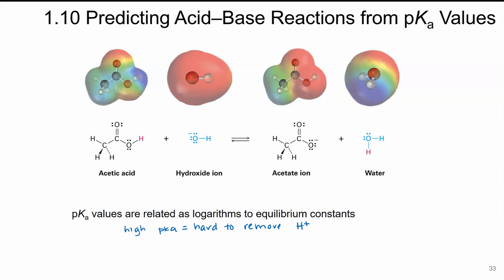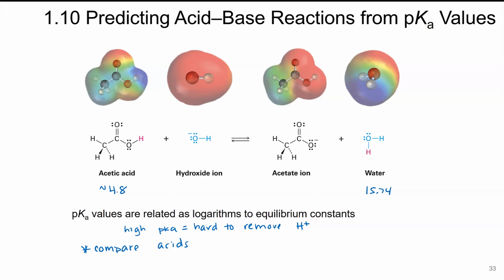We just saw on the last slide that the pKa of acetic acid was around 4.8. Water is 15.74. So when you're trying to predict acid-base reactions, compare the acids, because we have the pKa values to support that.